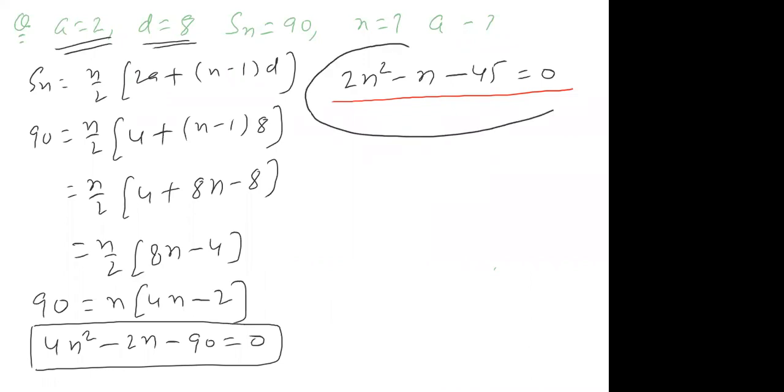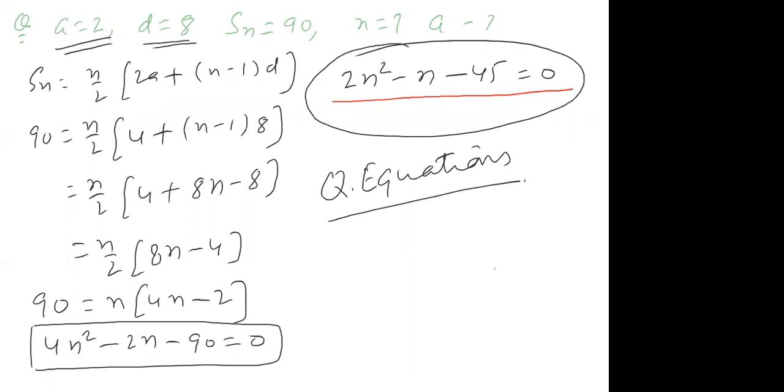Just remember that. How to find the solution? That we will do in another chapter, which comes under quadratic equations. So you can note down this question, and we will solve it at that time.